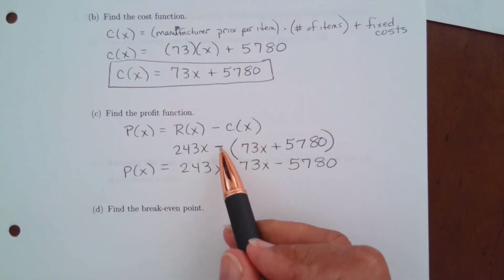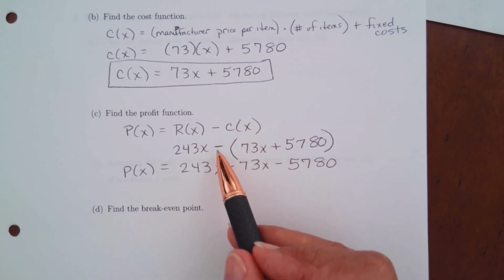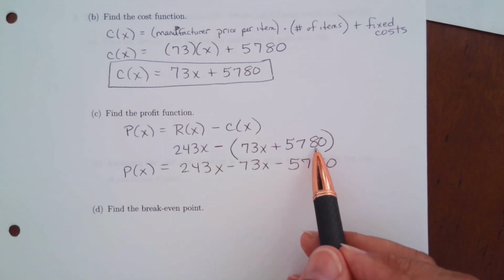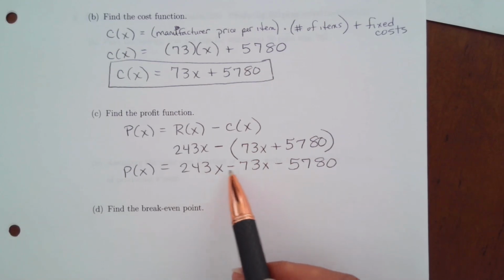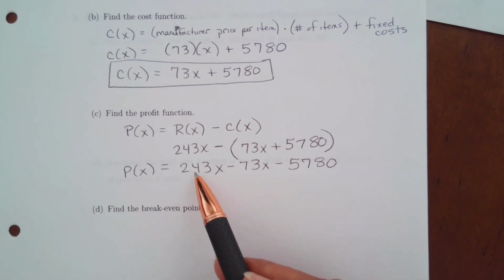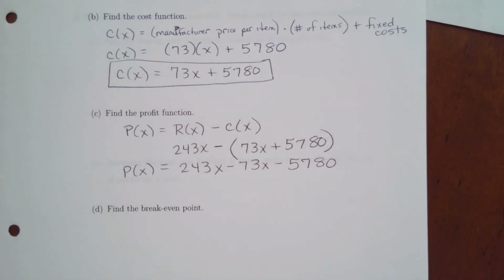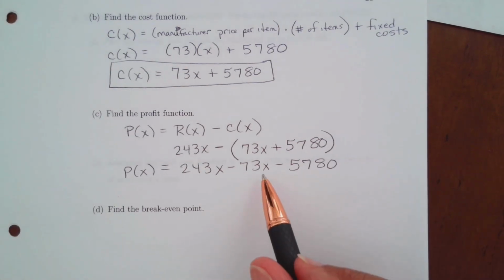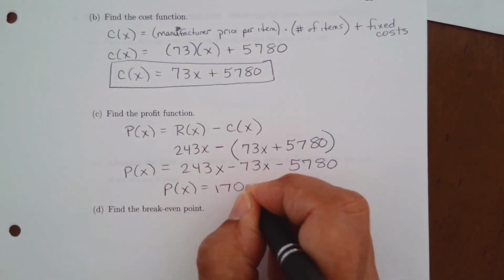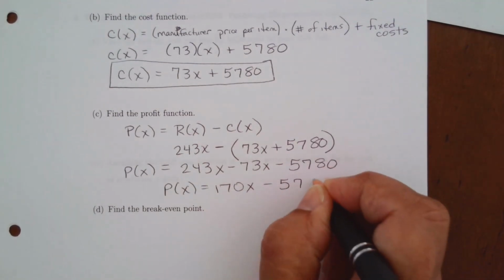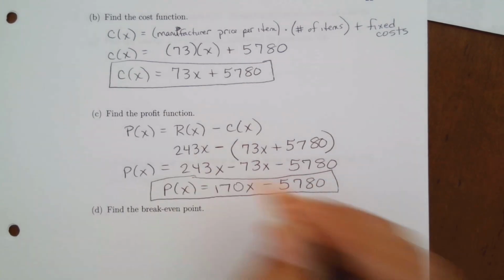It's like a -1 being right there. -1 times 73 is negative 73X. -1 times positive 5780 is negative 5780. All right, and then we have some like terms here. So we can subtract 243 minus 73. They're both X terms. 243 minus 73 is 170. So P of X equals 170X minus 5780. That's the profit equation, profit function.